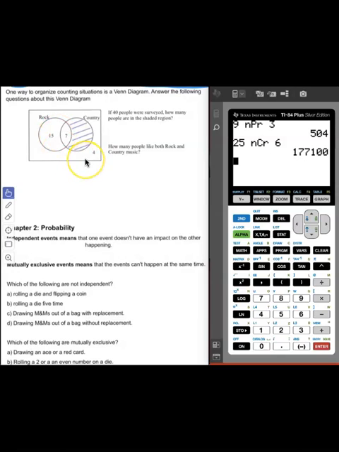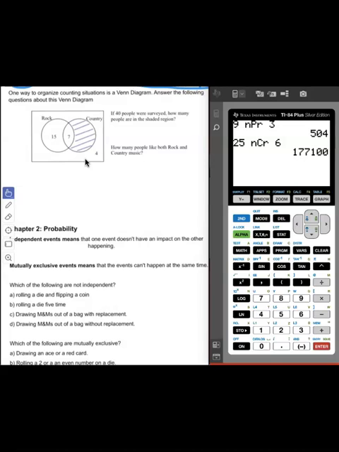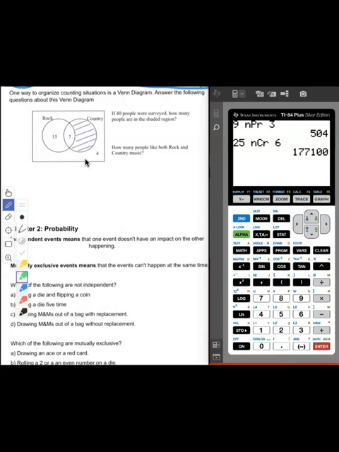So that's 26. So we have to have a total of 40. So we need to have our 40 minus the total that we have here, which is 26, or there's 14 people in this part of the Venn diagram. If you add that up, it should make 40. So we have 22, 36, 40 total.